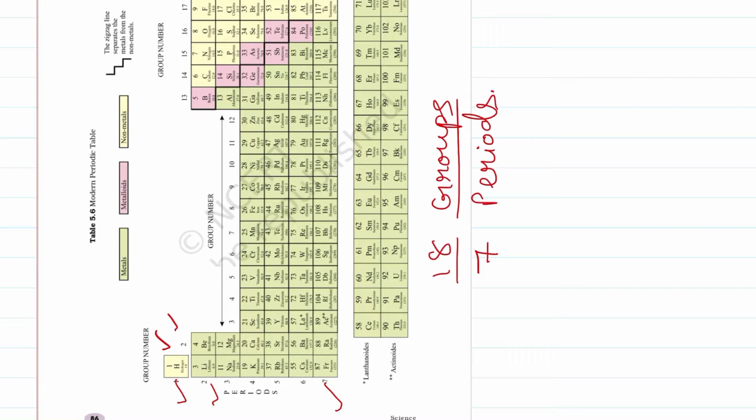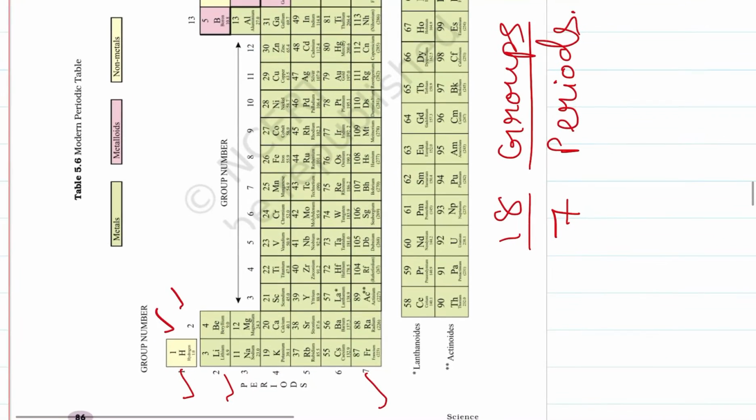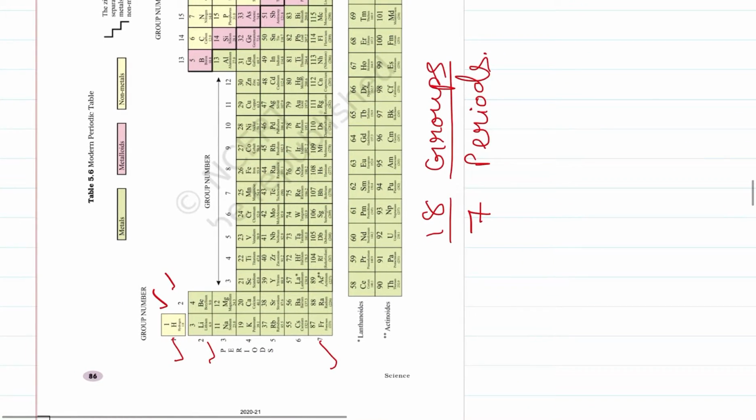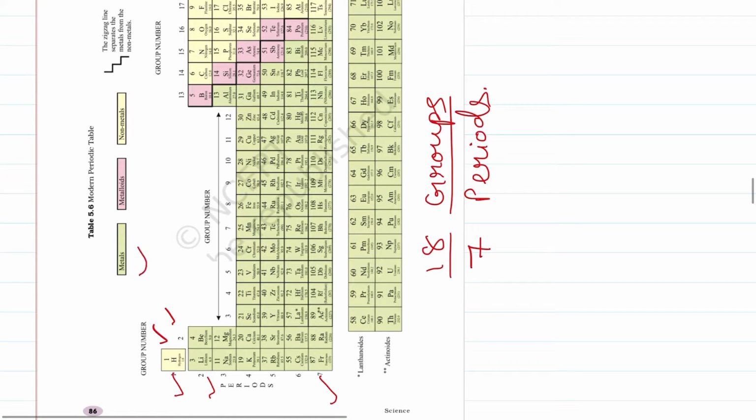And then you see a variety of colors. Now these colors are depicted to differentiate these elements and classify them into metals and others. So all those in green color are metals. You can see that there are maximum elements in metallic form.